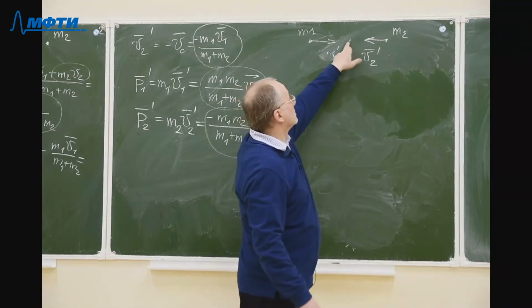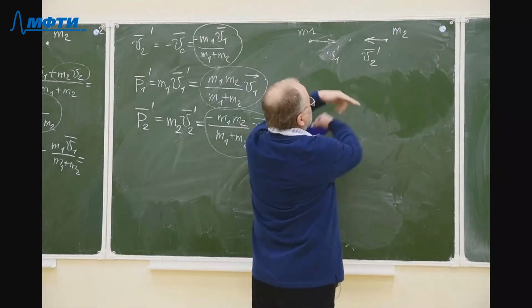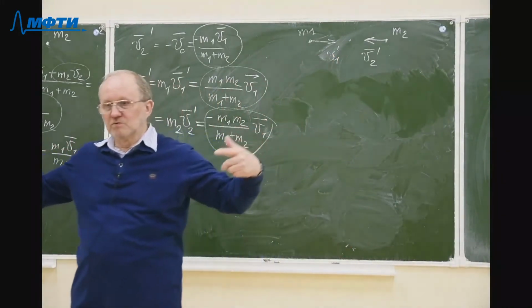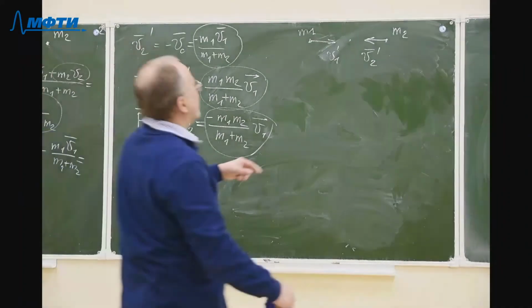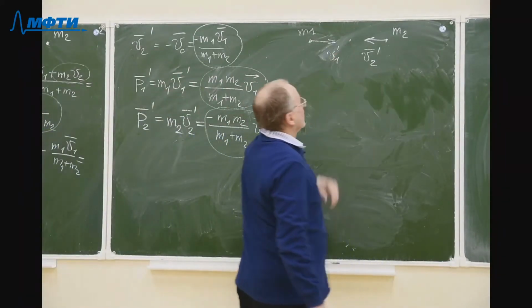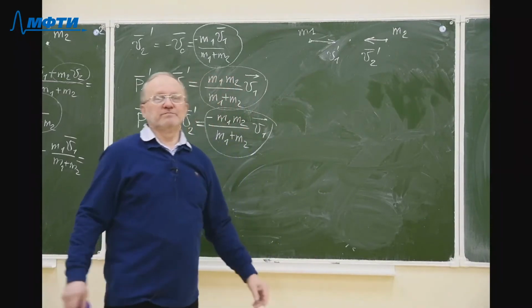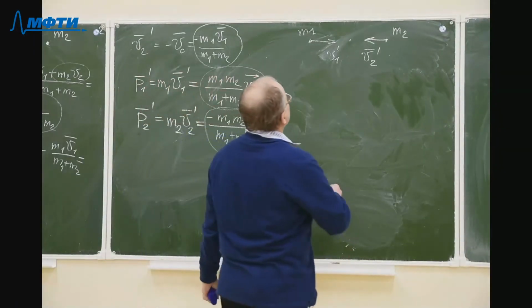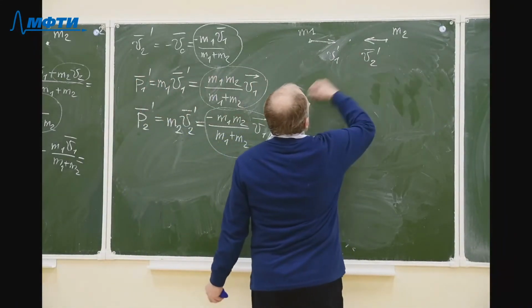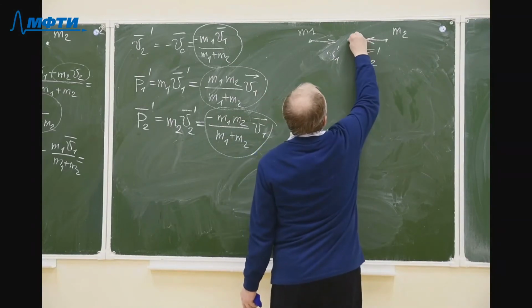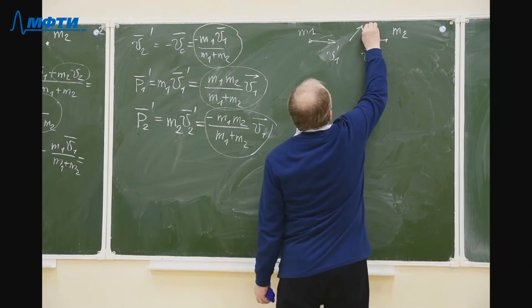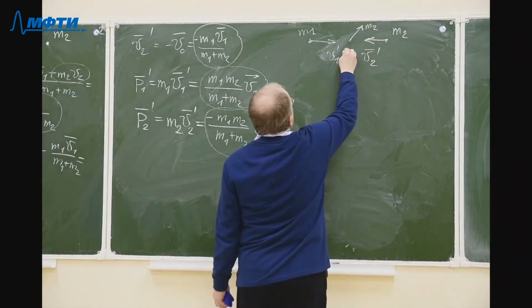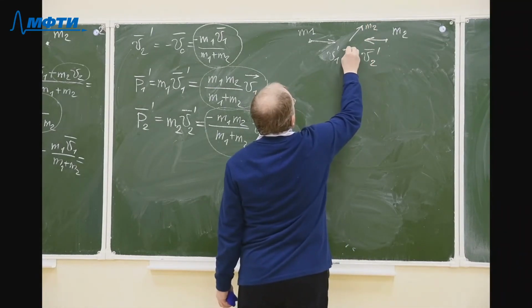The two particles go towards each other to collide. And the collision will take place exactly at the center of mass point. After the collision, the particles will be somehow scattered. For example, the m2 particle will go here, and the m1 particle will go somewhere in a different direction.